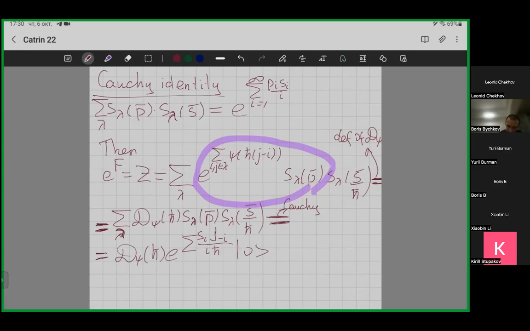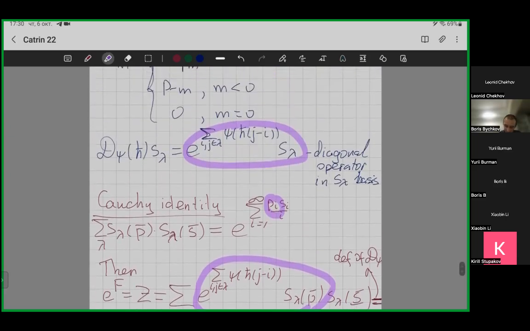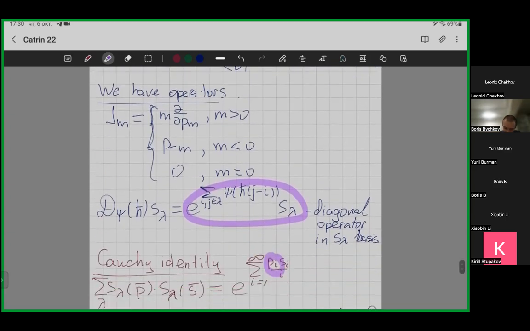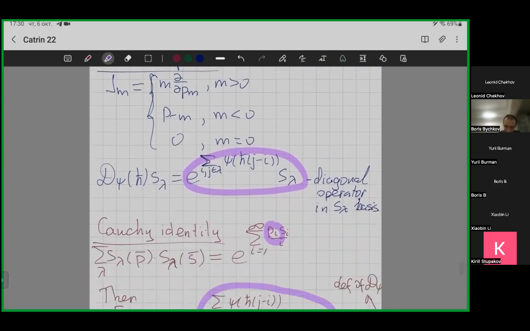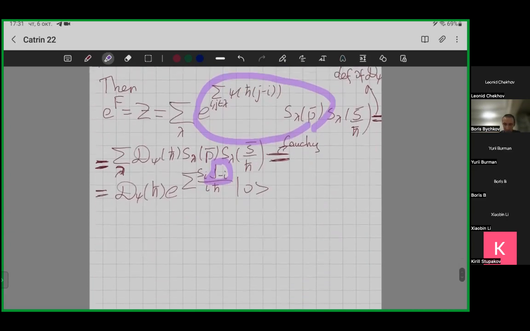And here, instead of these p_i, I use this operator J_{-i}, which means that we multiply by p_{-m} and write this vacuum vector here. So it's just rewriting this Z function, Z series, using the Cauchy identity, and we obtain this representation.